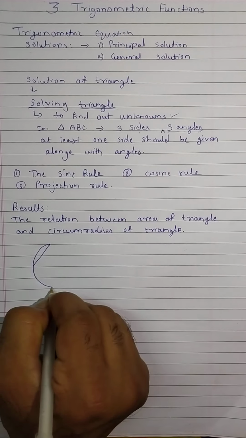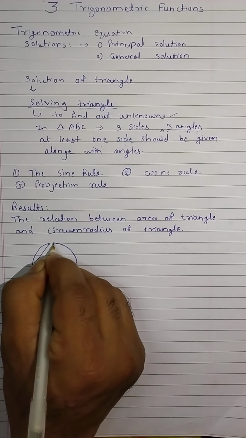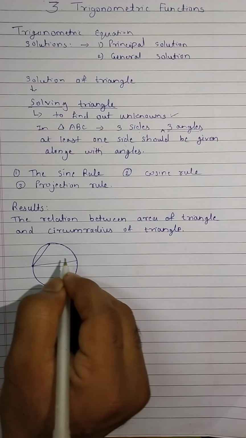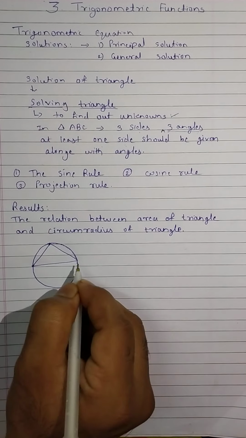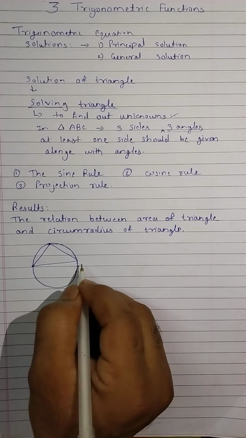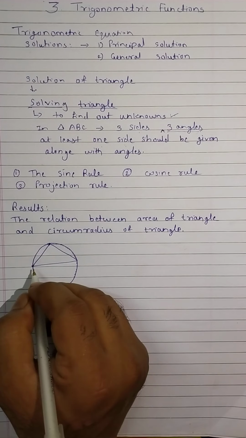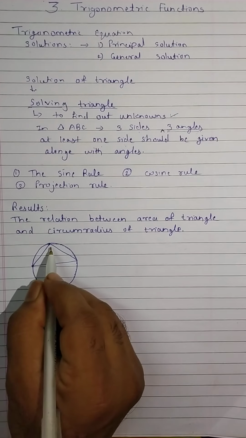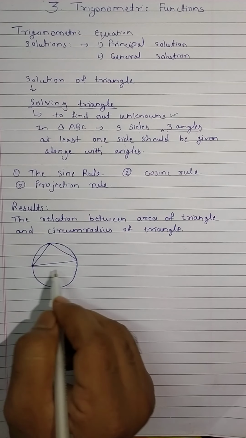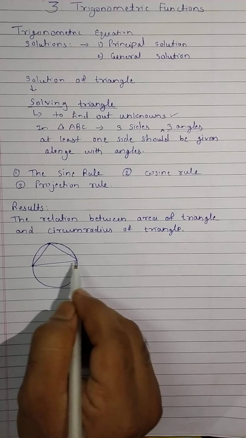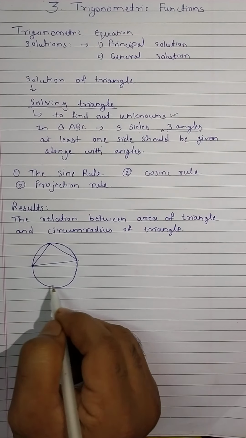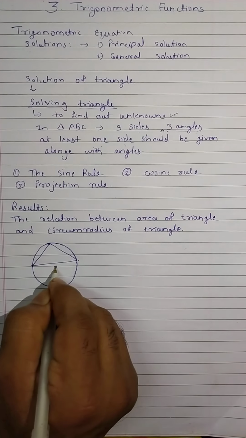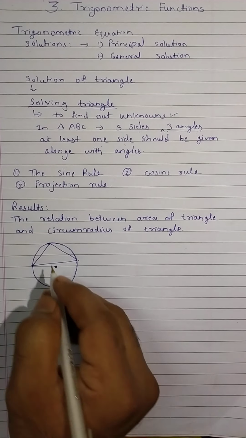First draw a circle. Suppose this is the circle and a triangle. Obviously, first we draw a triangle while drawing the geometry of this circumcircle. The circle passing through the three vertices of the triangle is the circumcircle of that triangle. And what is circumradius? Suppose this is the center of that circle.